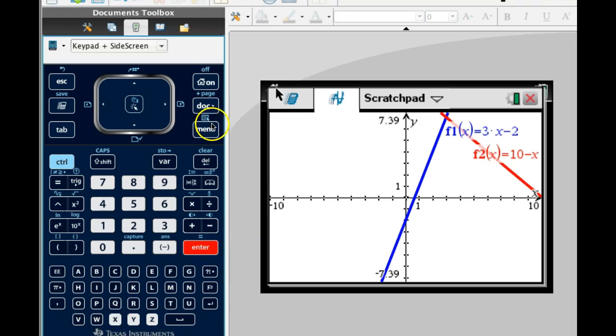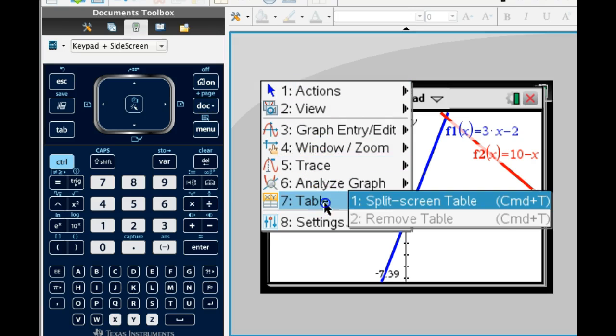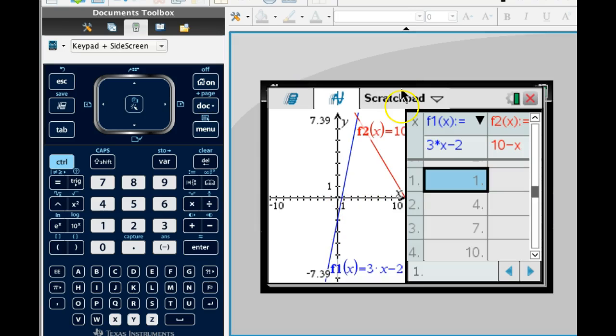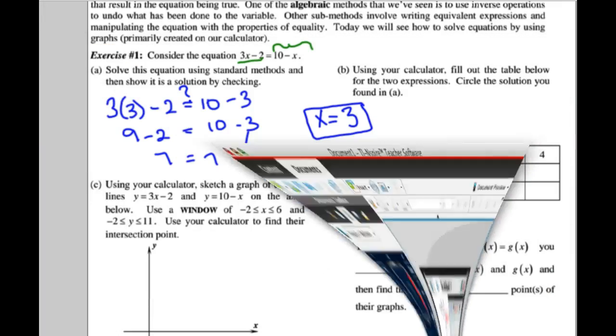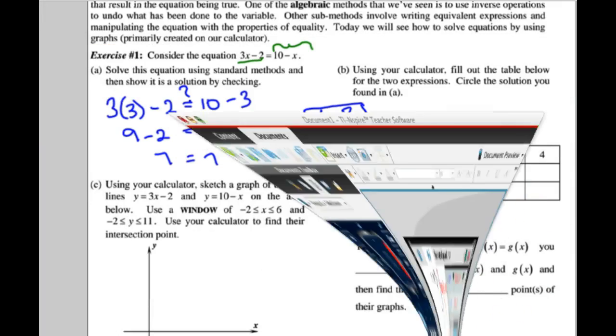So I'm going to go to my table because I'm being asked to fill the table. I'm going to go to menu, table, split screen. Notice the two difference. I'm going to go over 1, and then I want to copy these values down. What's the table asking me for? I'm going from 0 to 4. So look at my table.